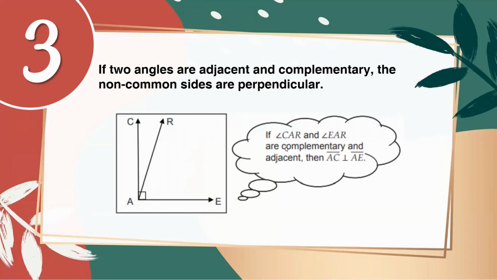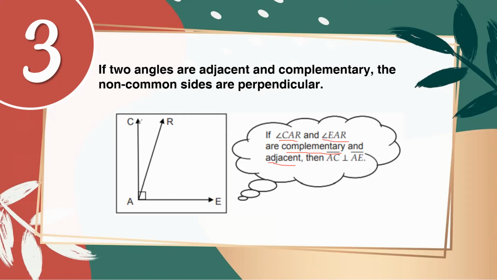If angle CAR and angle EAR are complementary and adjacent. The angle CAR and the angle EAR are complementary, meaning when we add up the two angles, the sum is 90 degrees, and adjacent, meaning they share the common vertex.